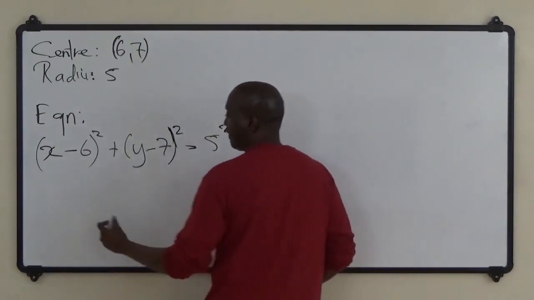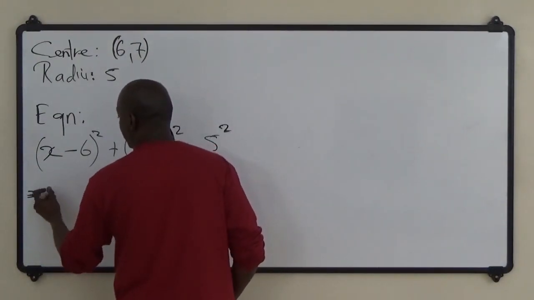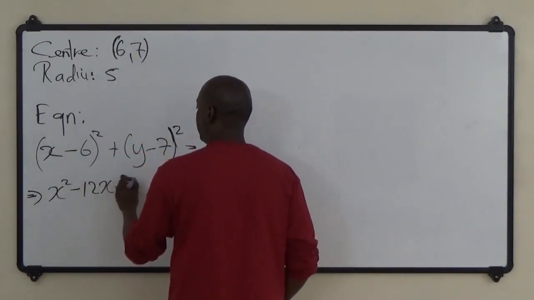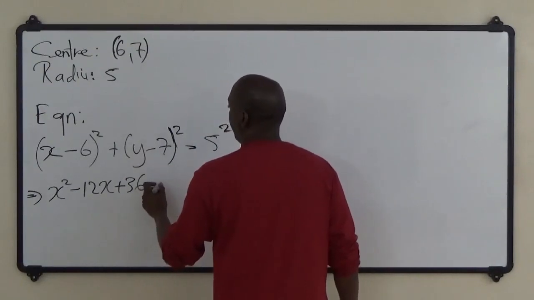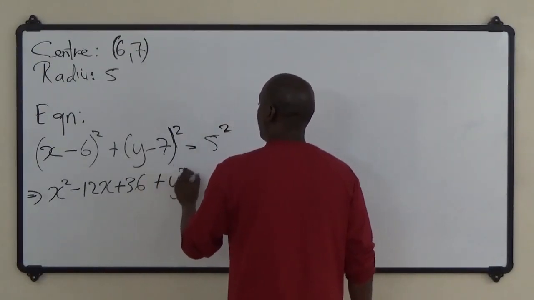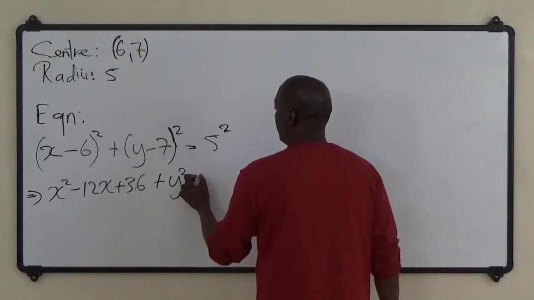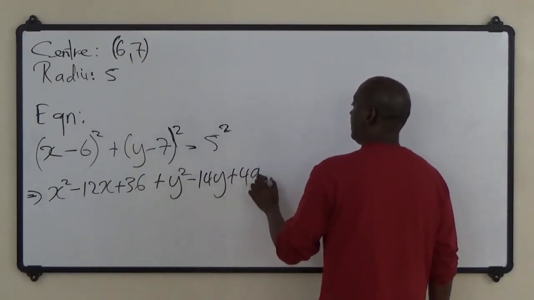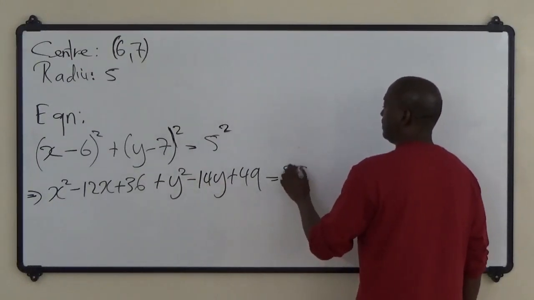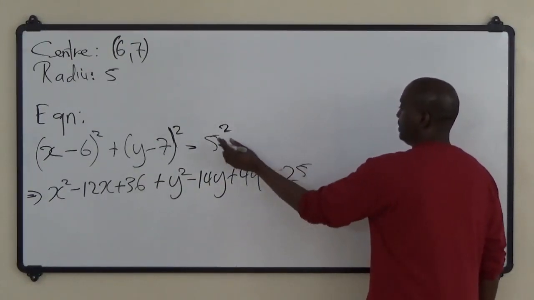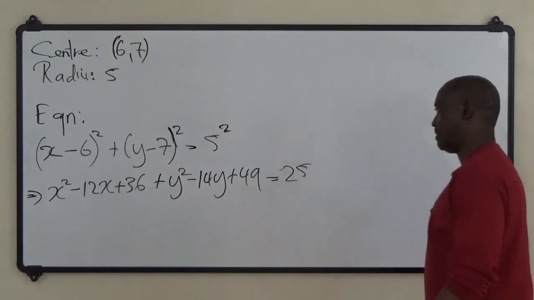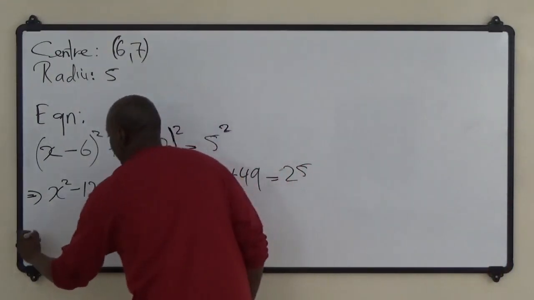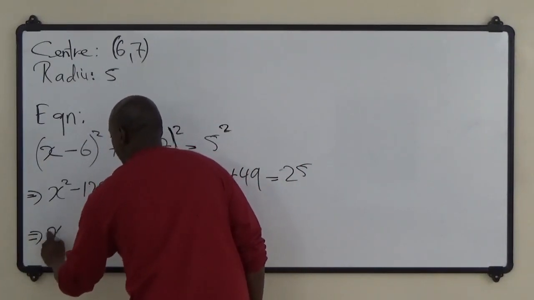So we expand, and again, I'm writing it out in one shot. x squared minus 12x plus 36 plus y squared minus 14y plus 49 is equal to 25. We could expand out the 5 squared, and we bring everything together.